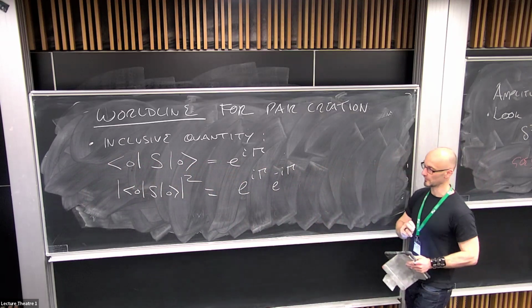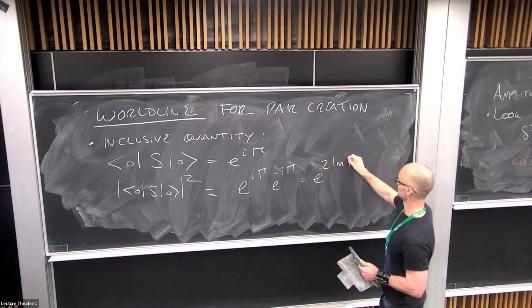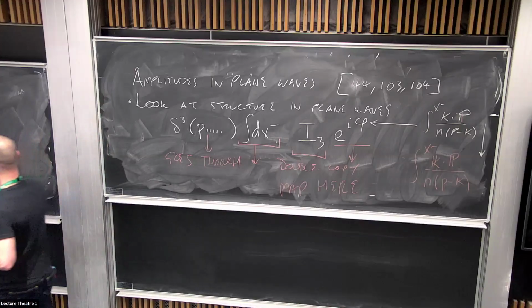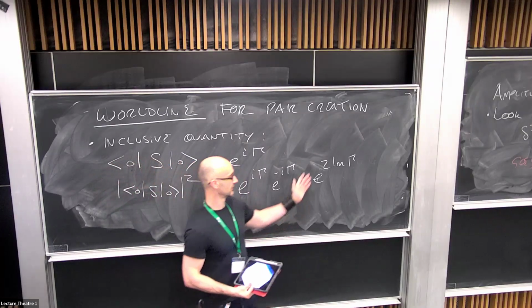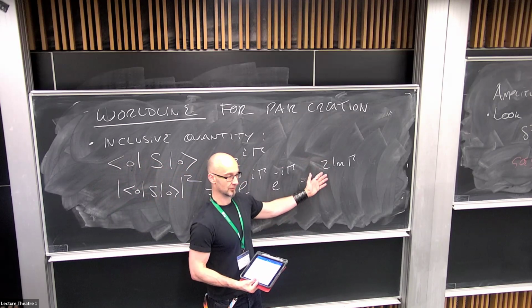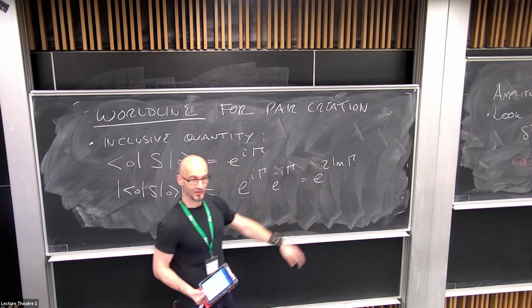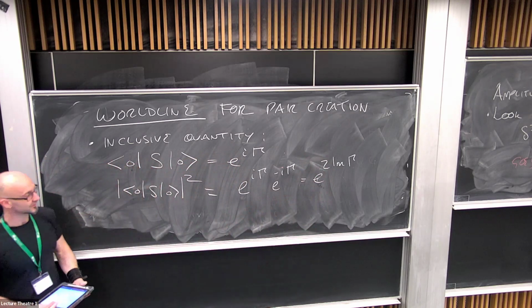I'm not saying anything about whether gamma is real or imaginary, obviously. So that is e to the minus twice the imaginary part of gamma, if I've got the signs right. That gamma happens to develop an imaginary part, and this is not 1, which means there's a probability for you not in a vacuum, something has happened.